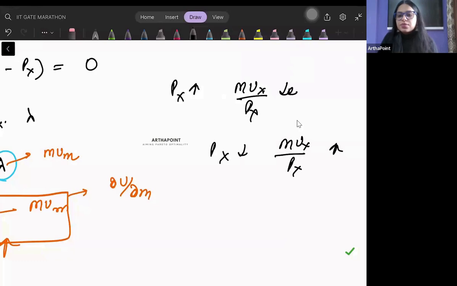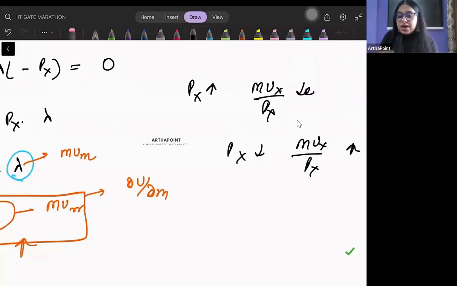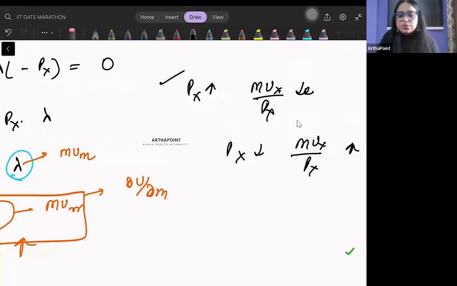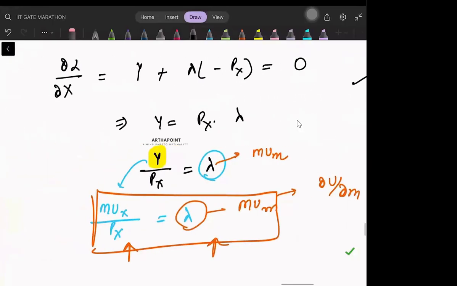Correct. But that is only given by Marshall. It has a lot of limitations. But if someone asks you who gave the derivation of demand from utility, then Marshall gave this and this is how he discovered it. Correct. Okay, ma'am. Thank you.